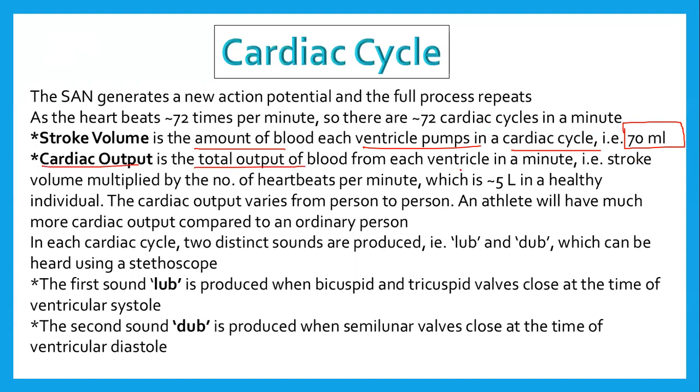It is the total output of blood from each ventricle. It can be calculated by stroke volume, 70 ml, into number of heartbeats per minute, that is 70 into 72. So 70 into 72, what is the total?